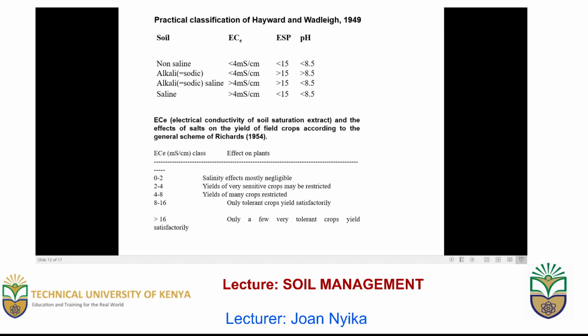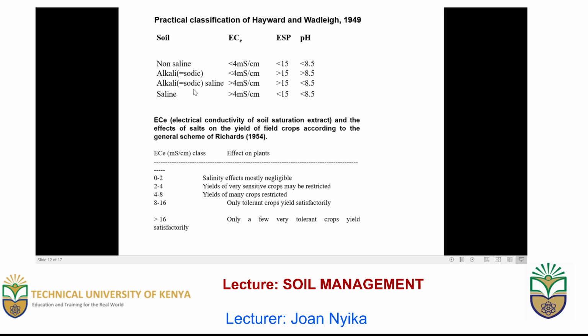When you look at these tables that I have presented here, various authors have devised ways in which they tell if a soil is alkali, sodic, or saline. For example, according to Hayward and Wadley in 1949, soils that are non-saline have an EC of below 4, an ESP, or exchangeable sodium, of less than 15, and a pH of less than 8.5. Soils that are alkaline have an EC of less than 4, an ESP of more than 15, and a pH of more than 8.5.